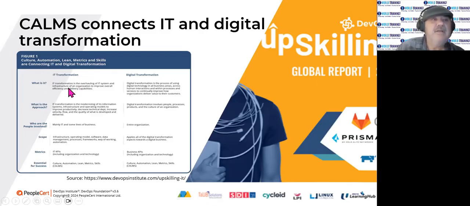So in general, IT transformation is just overhauling systems and infrastructure, while digital transformation generally is a broader process of using digital technology in all the different business areas across not only the technology, but also the humans, the people, the processes, the technology, and different services. So it's a complete transformation. The approach for digital transformation is really to involve everybody and everything, basically the entire organization.